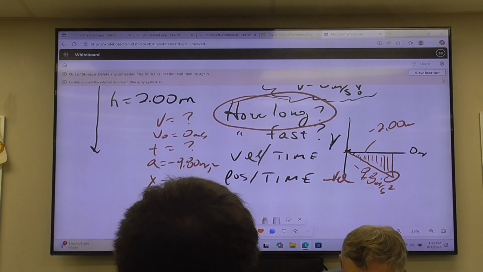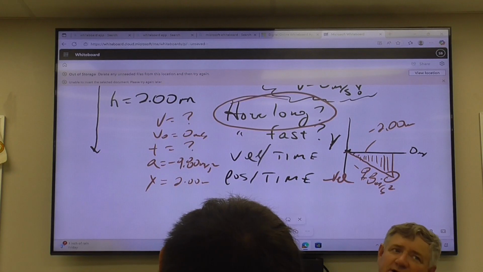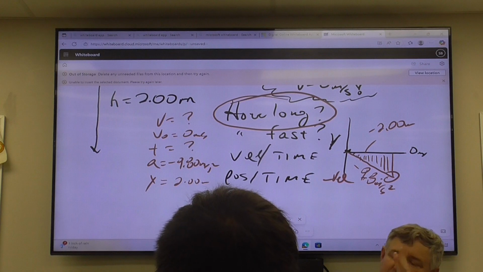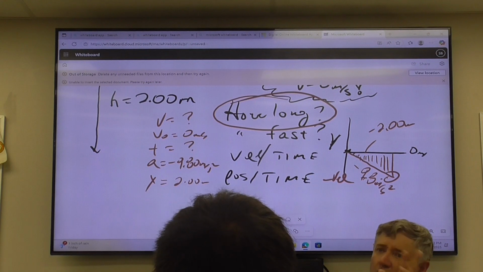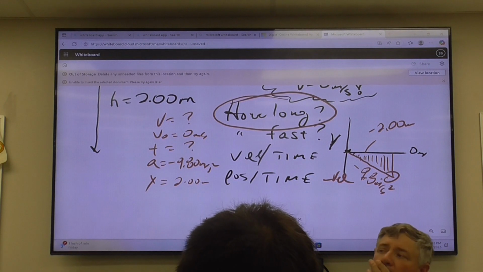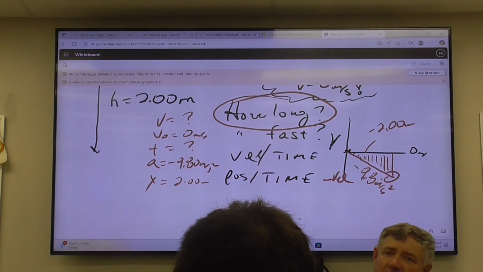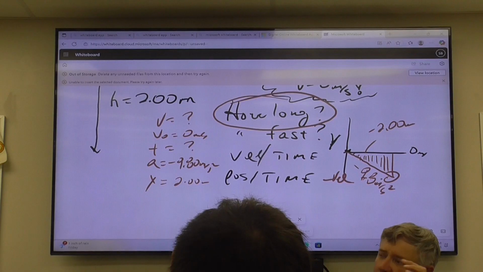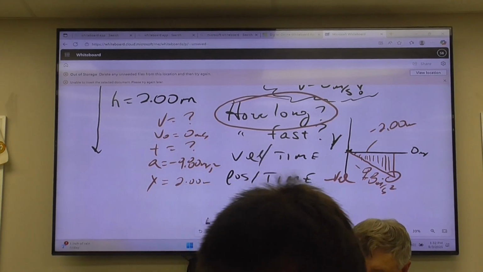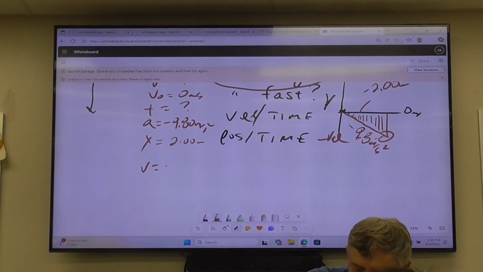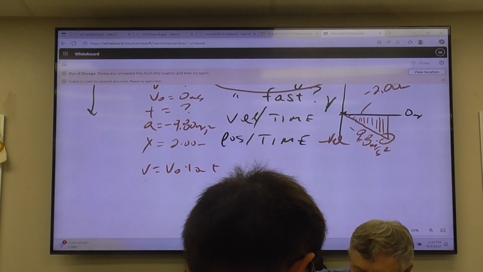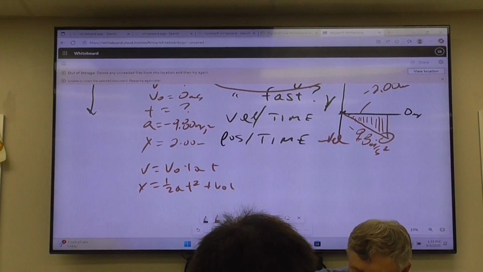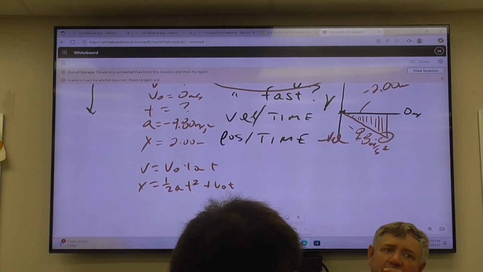Since I'm trying to find time, what equation do I not want to use? That equation: V squared equals V naught squared plus 2AX. Why? It doesn't involve time. It gets me nowhere. So that leaves either V equals V naught plus AT, or X equals 1/2 AT squared plus V naught t. How do you want to roll it?